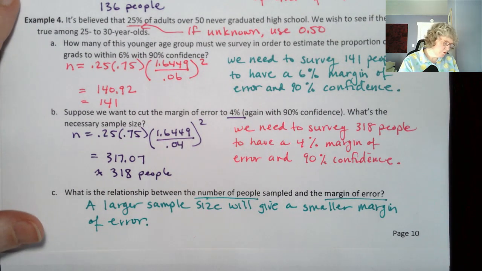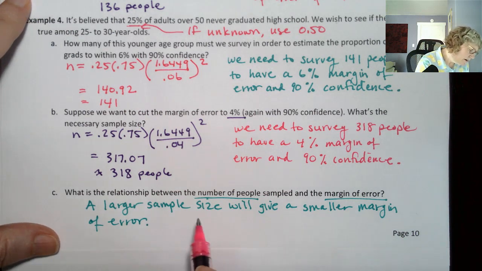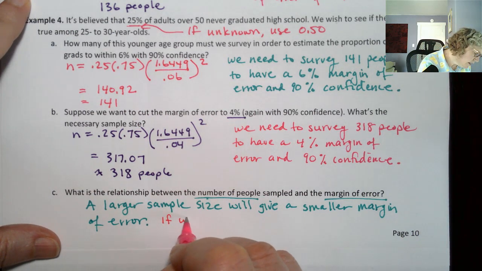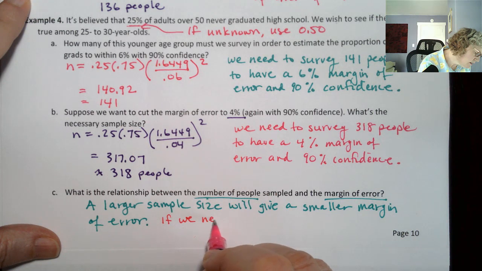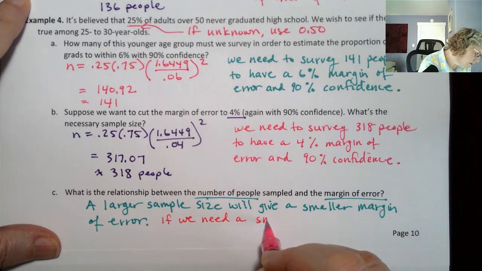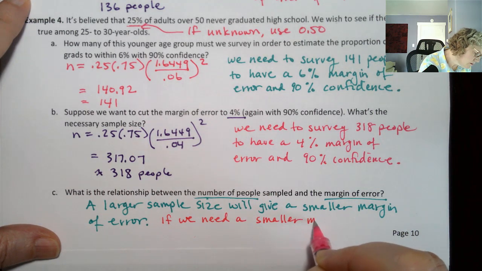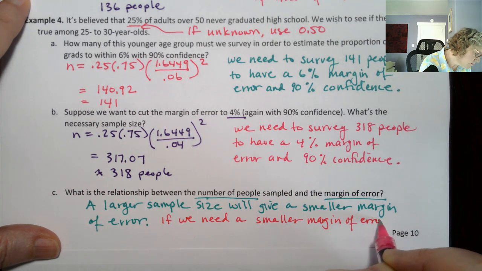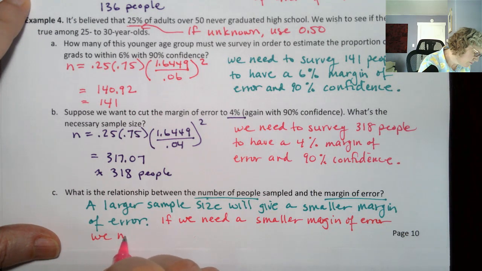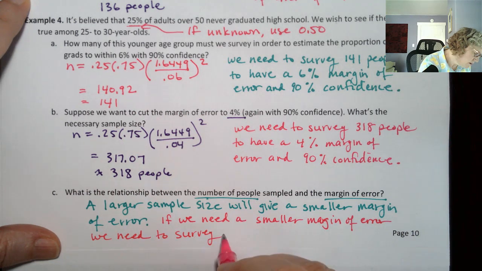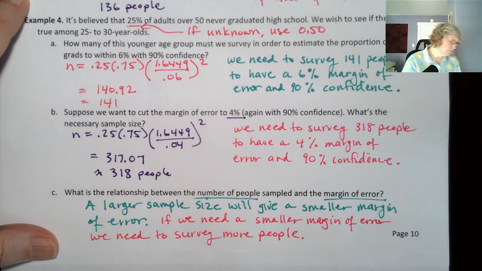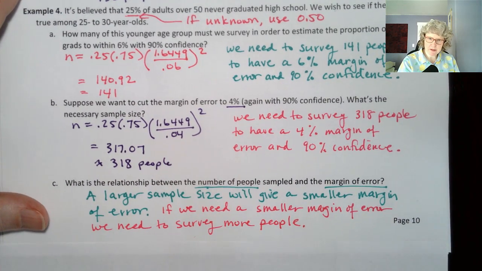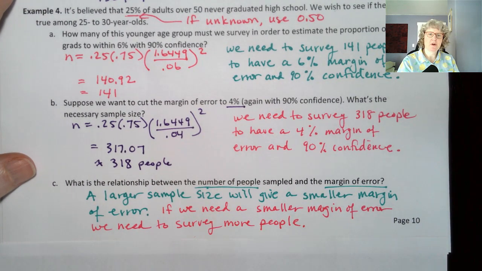And then I could also kind of say it in reverse. If we need a smaller margin of error, we need to survey more people. Okay, so basically saying the same thing twice, but depending on which one you're looking for or which one you're starting with.